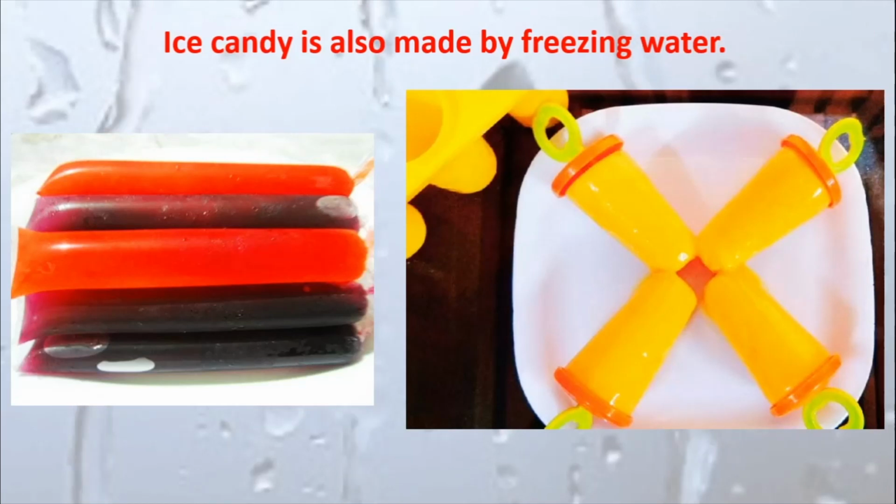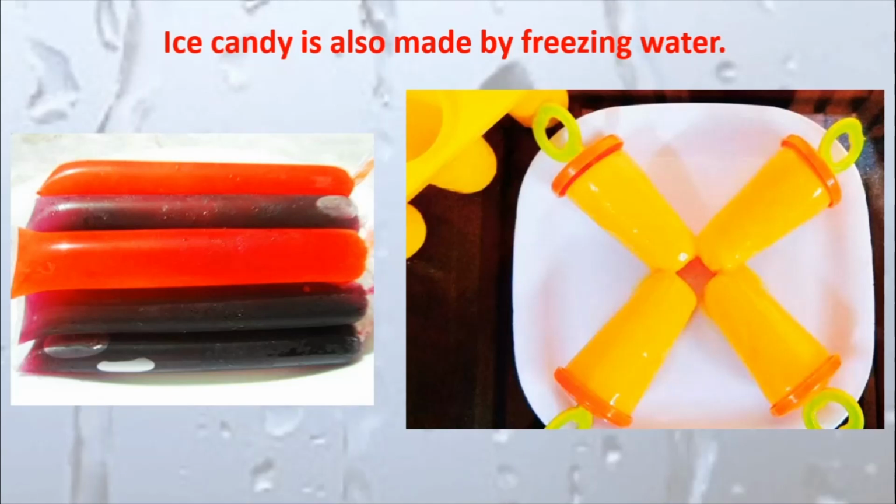Then you bite off the plastic bag and nicely suck on the Pepsi Cola, isn't it? And then you have these candies which are made of ice. Here, water is frozen, and in that water they add sugar and fruit juices, and ice candy or ice fruit is made.